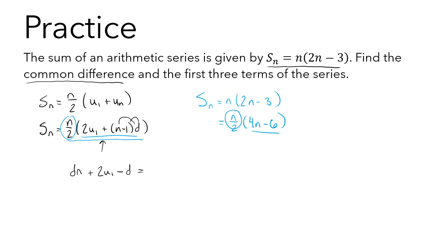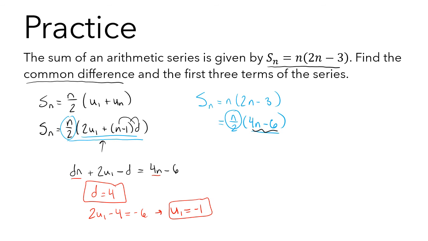That has to equal the inside over here, 4n minus 6. So now I can see that 4n and dn match up, which means that d must be 4. And if d is 4, then 2u1 minus 4 has to equal negative 6, which means that u1 is equivalent to negative 1. So I've got u1, I've got d, I found the common difference.